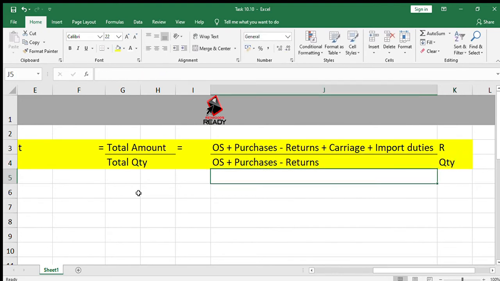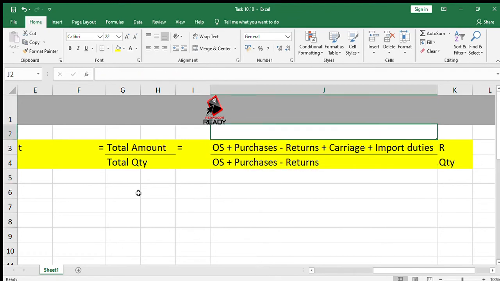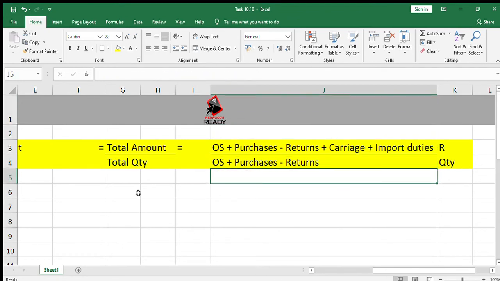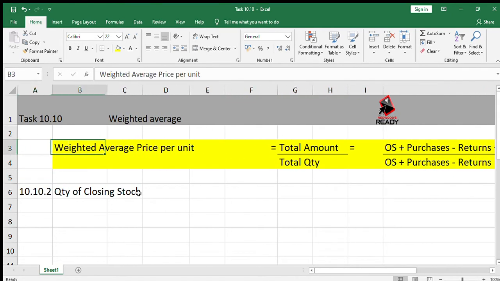But the quantity will be opening stock plus purchases minus returns, or minus any drawings or donations, etc. Carriage, import duties, etc. do not affect the quantity, so we do not use it at the bottom. Once we have calculated this weighted average price per unit, we just multiply it by the quantity of closing stock.